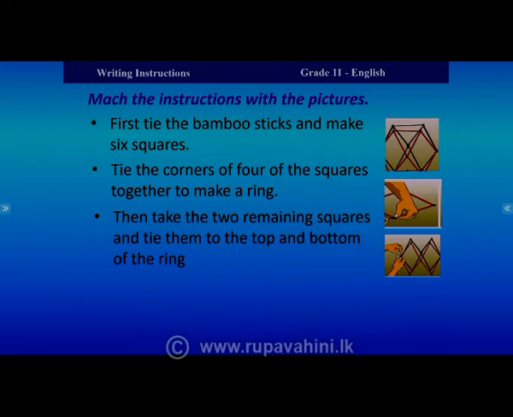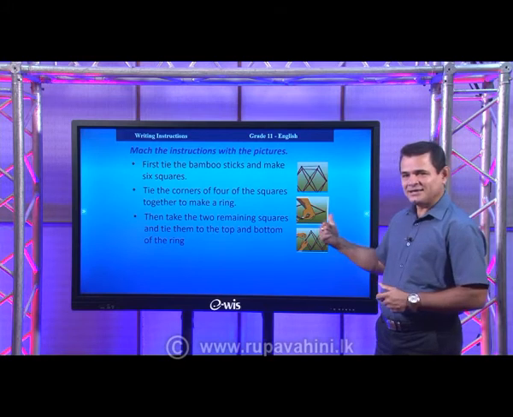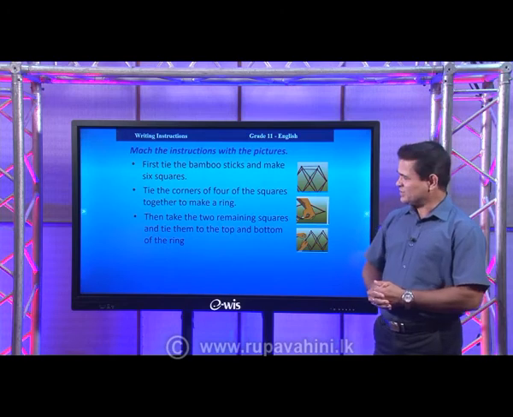Just have a look at the pictures, you can see it. Make a ring. Then take the 2 remaining squares and tie them to the top and bottom of the ring. So with these words you can easily guess which picture is going with which instruction.